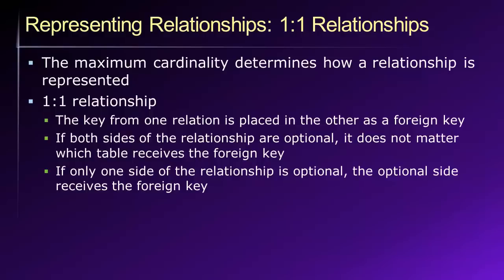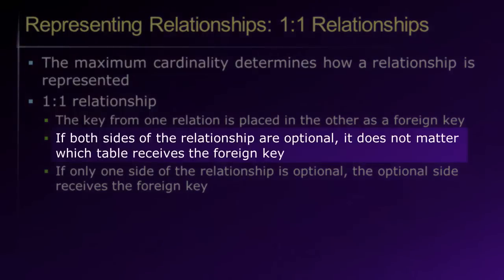Here are a few guidelines that you can use in order to decide what to do. First, if both sides of the relationship are optional, that is, if the minimum cardinality on both sides of the relationship is 0, then it doesn't really matter which table receives the foreign key in a one-to-one binary relationship. You can place the foreign key in whichever table makes most sense to you conceptually as a human being.